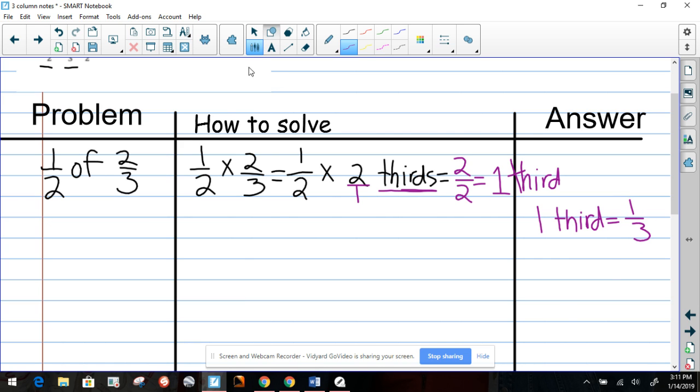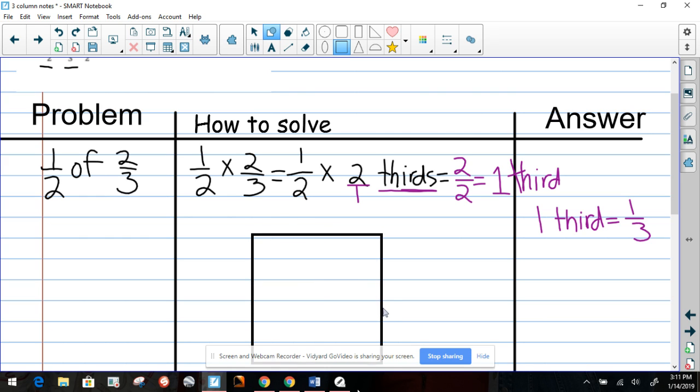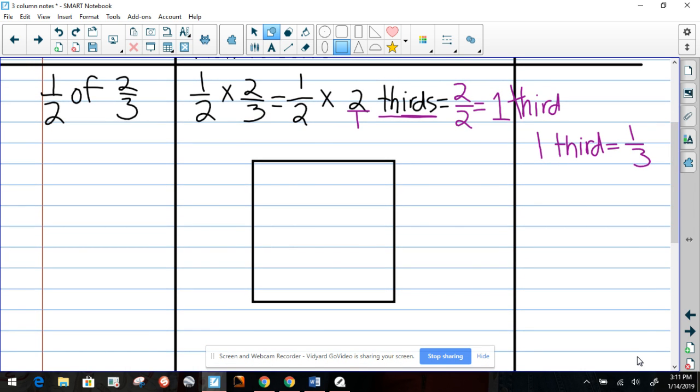Now let's demonstrate this with the model, my friends. Not with the circle. That circle is useless for us right now. But we can use a square, a rectangle. So what this is saying is that you have 1/2 of whatever it is that you have. So this is how you show 1/2.